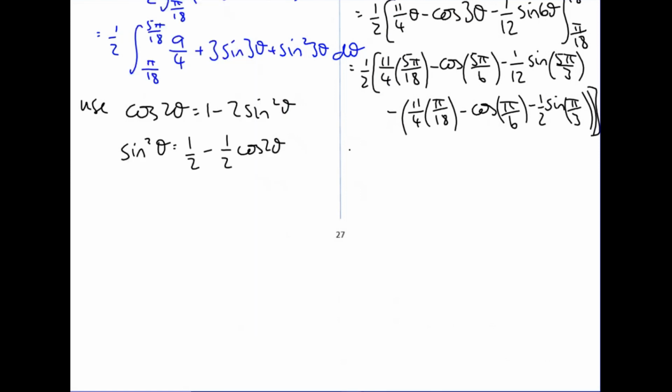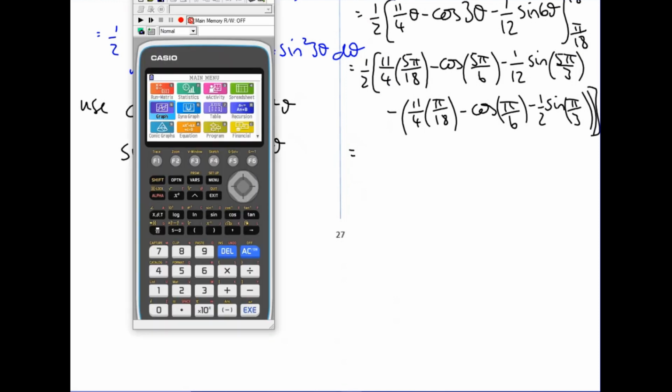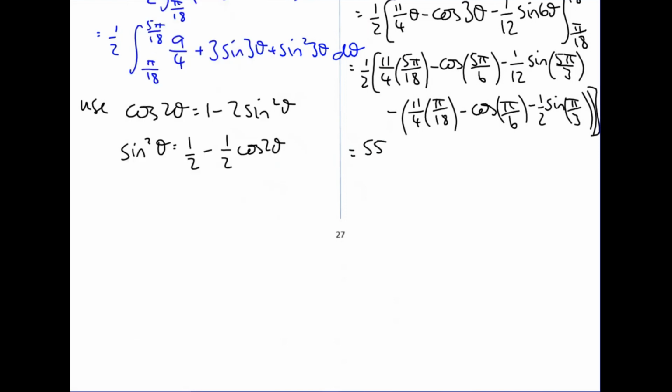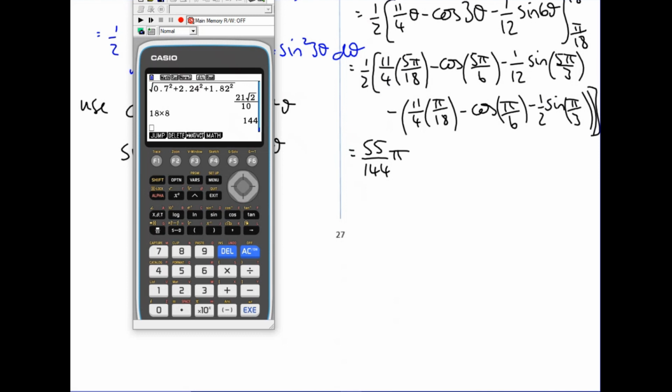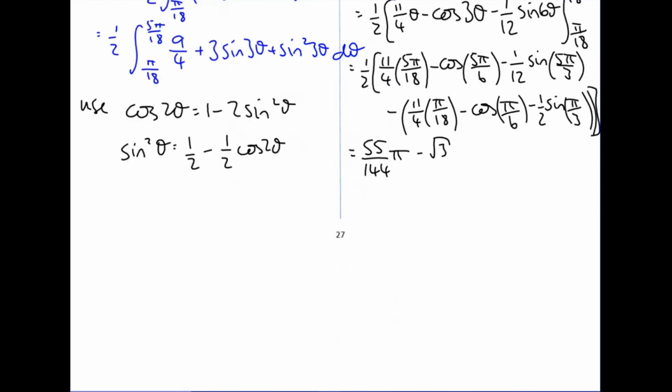So first bit, I've got a half times 11 over 4 times 5 pi over 18. That gives me 55 over 144 pi. Cos of 5 pi over 6 is minus root 3 over 2, times by that half gives me minus root 3 over 4.